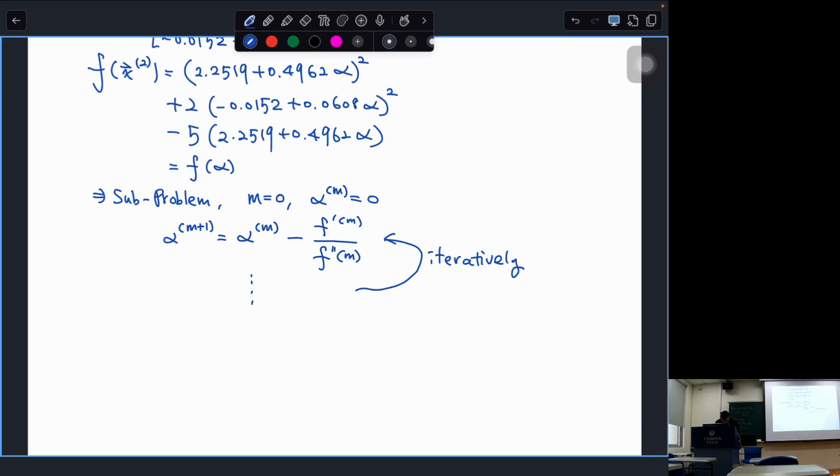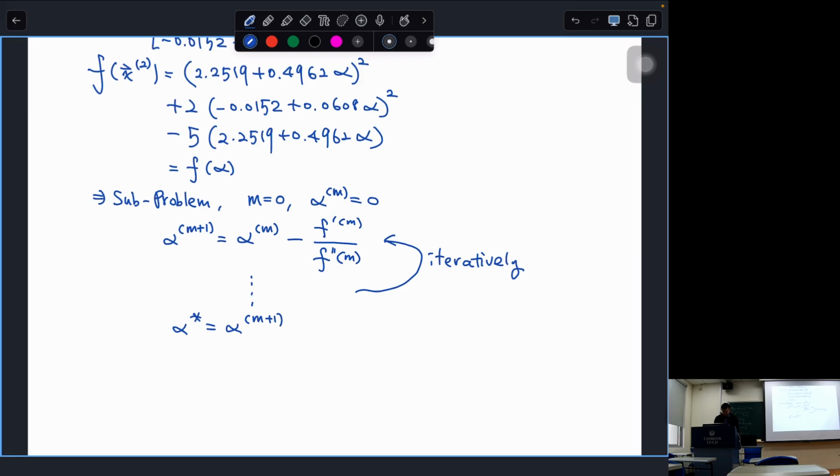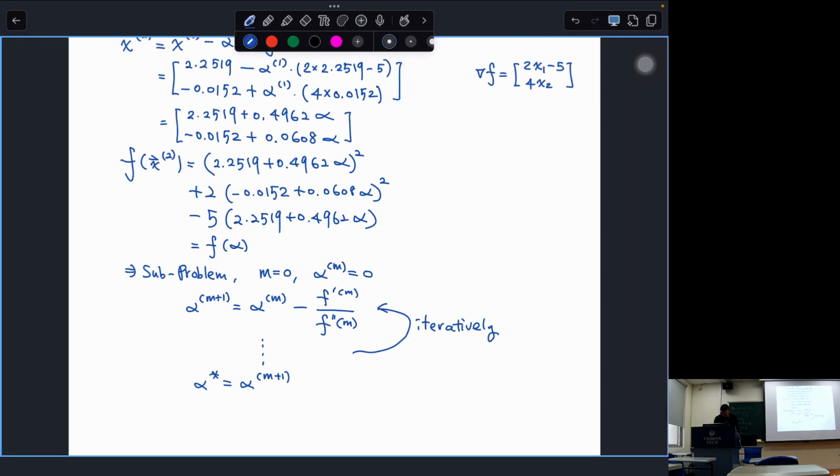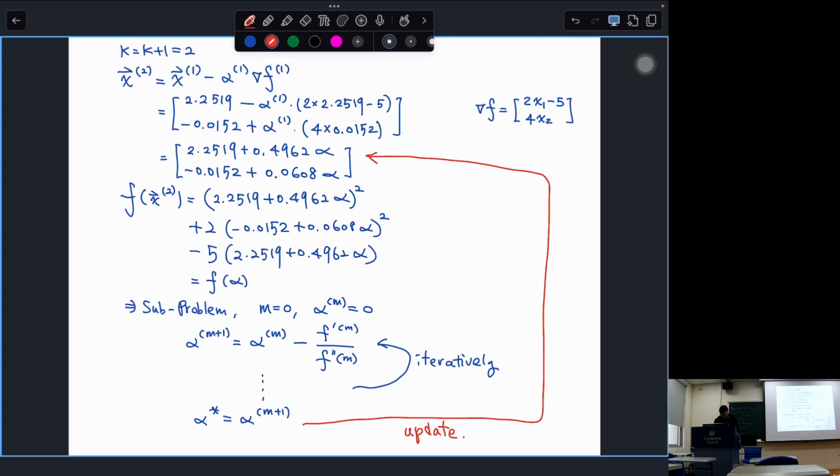At the end, you will get alpha star, right? And then update. You can get your x at the second iteration. I'm being lazy again. I don't want to solve it.